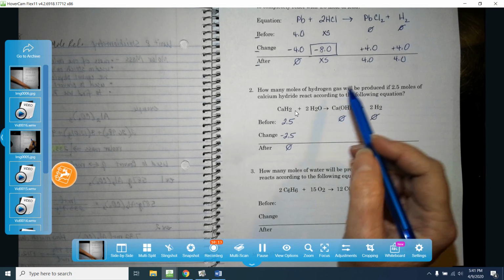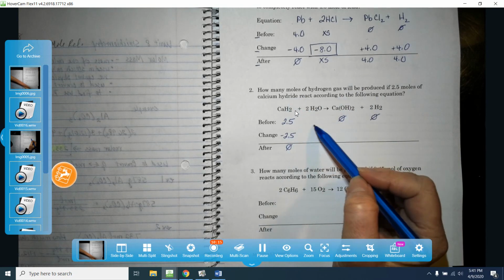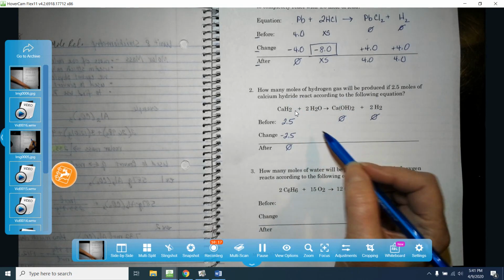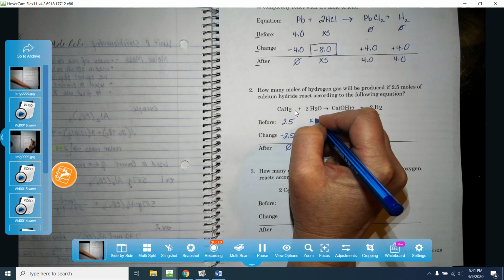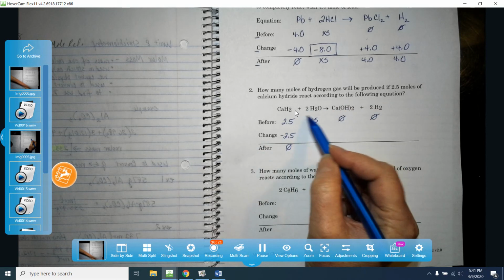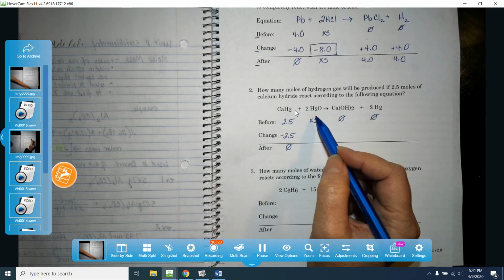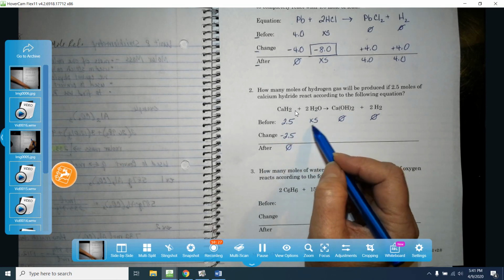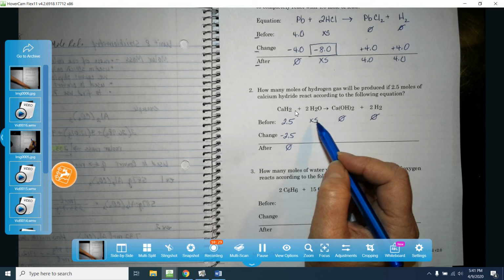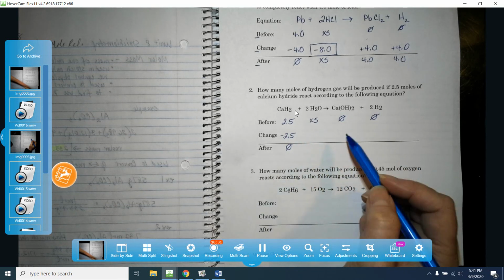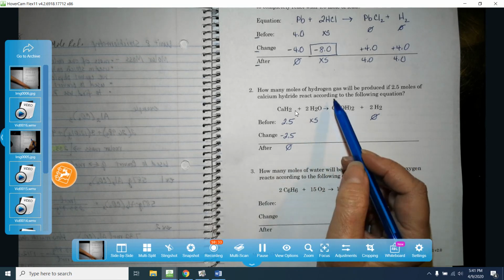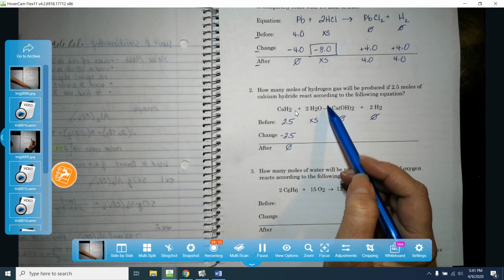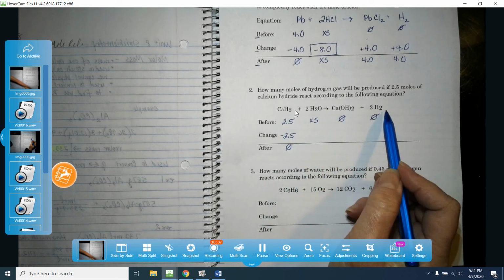Okay, and then it doesn't say how much water I have, so I'm going to assume I have excess. So whenever they don't tell you how much reactant you have, but you know you need it to do the reaction, then we're going to assume we have more than enough, and we're going to write excess. Okay, so now we are ready to fill in the rest of this, and we're going to use our mole ratios again.